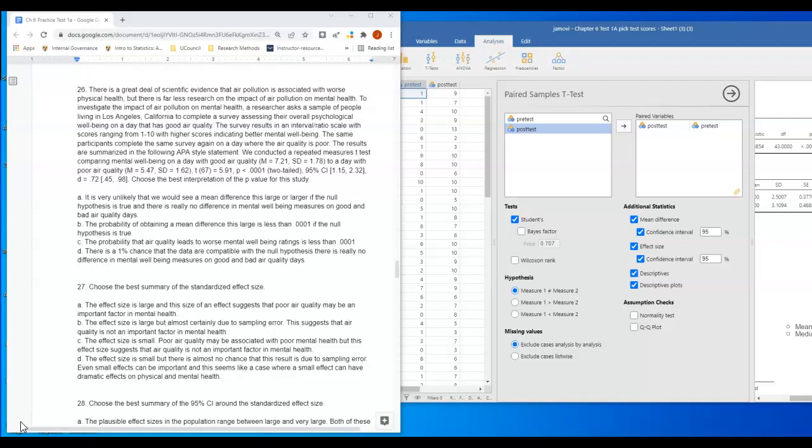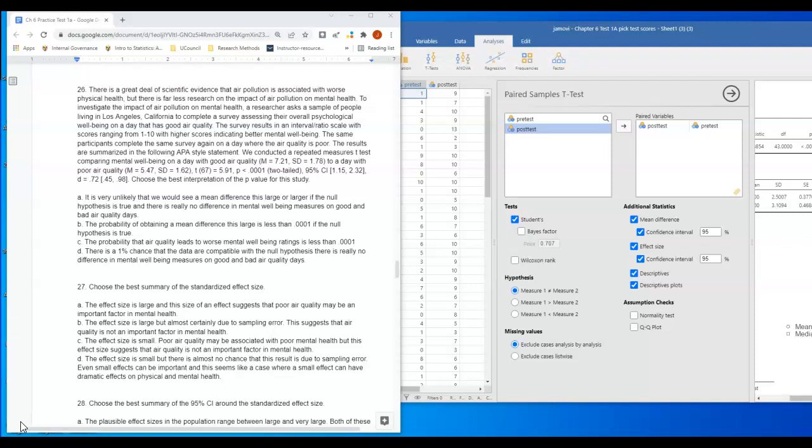Okay. Number C, the probability that air quality leads to worse mental well-being is less than 0.0001. That is not a correct interpretation of the p-value. We're not figuring the probability of one group being higher than another. It's a probability of getting a t that extreme or more extreme if the null is true.